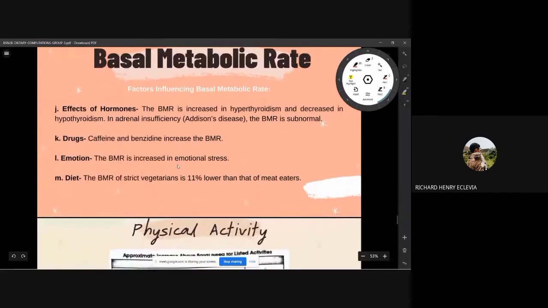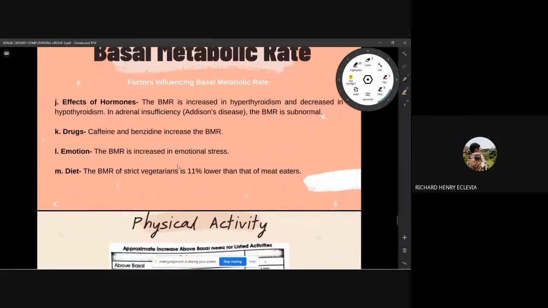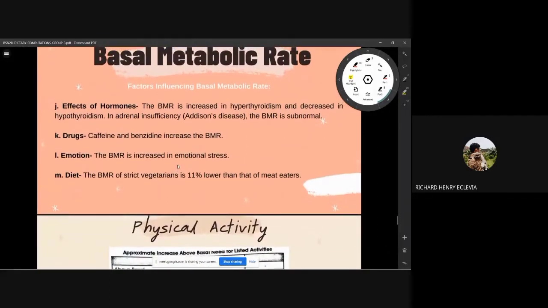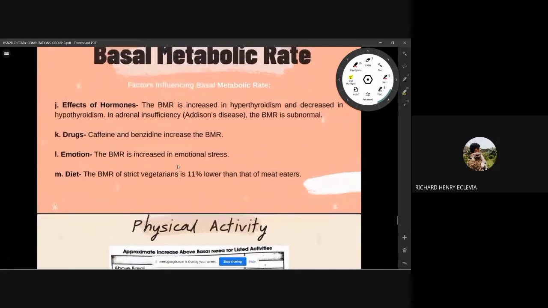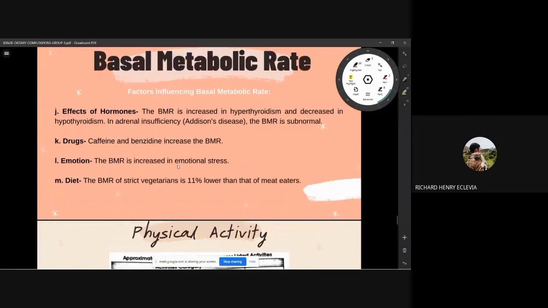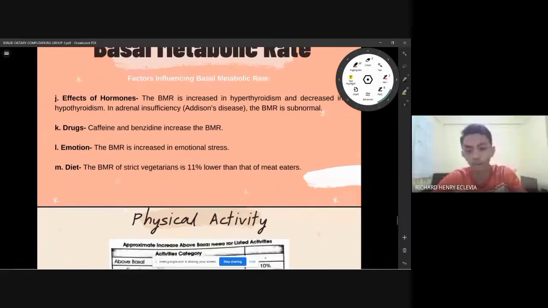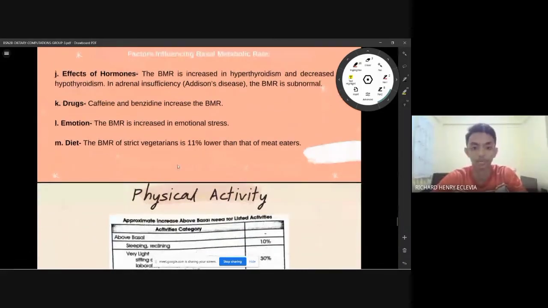Nakakataas siya ng basal metabolic rate. Next is the emotion. Kapag emotional stress ka, mataas yung BMR mo. And last, yung diet. Yung mga strict vegetarians, yung BMR nila is 11% low. Next is the physical activity.